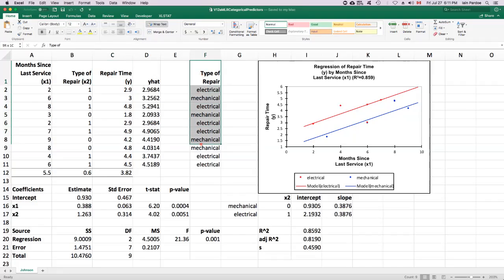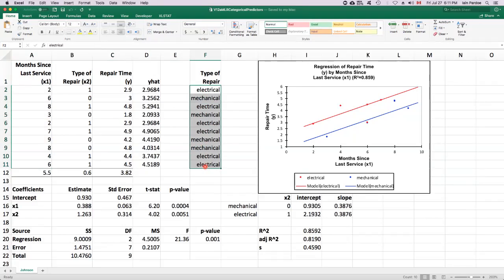So this variable here is a qualitative variable, as opposed to X1, which measures the months since last service, which is quantitative. These numbers are meaningful measurements that indicate that the variable is quantitative. These are words.